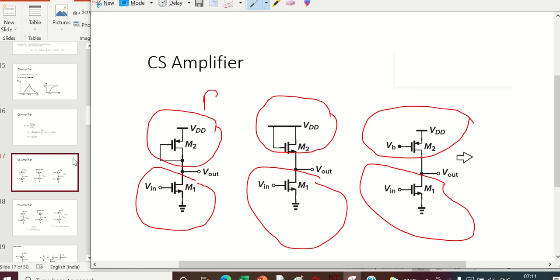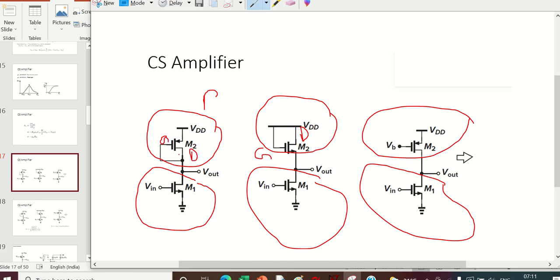So what is a diode connected NMOS? A diode connected NMOS or PMOS is when you connect the drain and gate voltage. This is your drain, in case of NMOS. This is drain, drain and gate. Okay, you are shorting the drain and gate voltage. In case of PMOS, this is your gate and this is your drain.